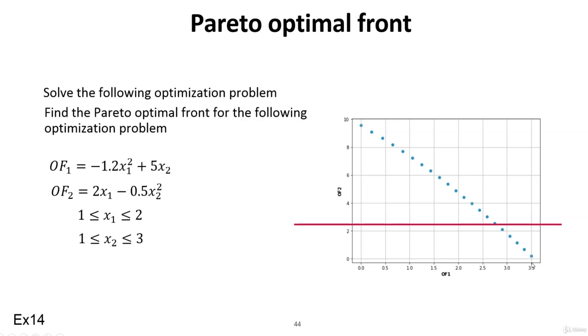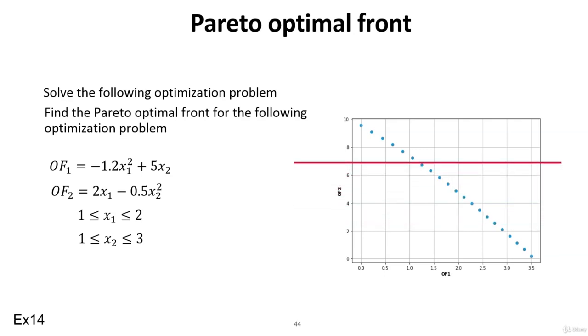But in order to not be trapped here, we add another constraint for OF2. I can say OF2 should be bigger than something, or smaller than something, and then solve the problem. So I change that limit for OF2 and then try to optimize the other one.